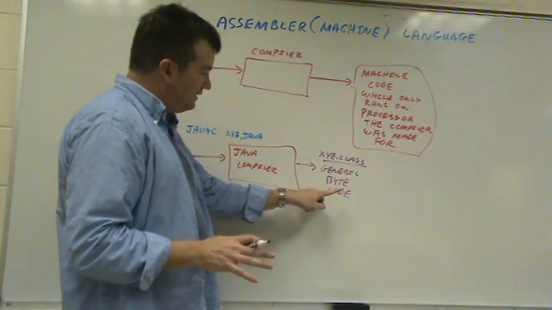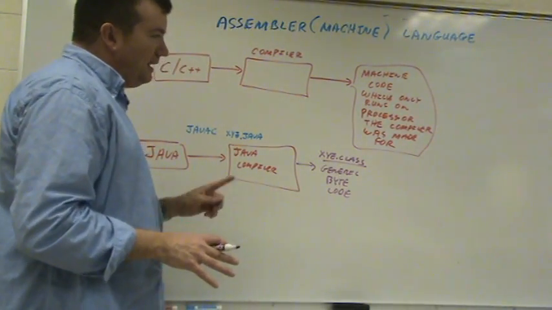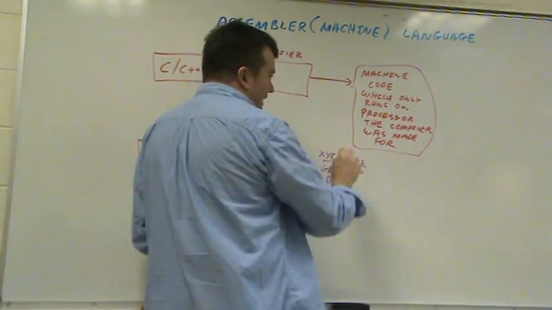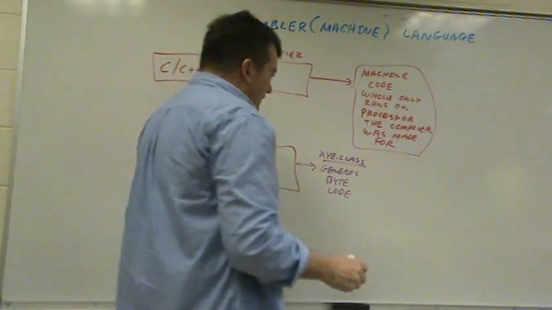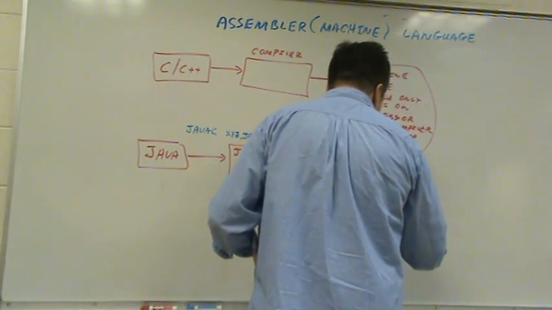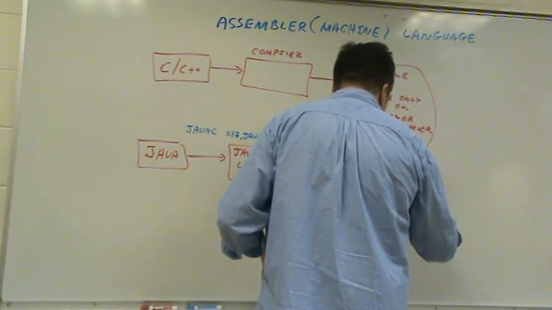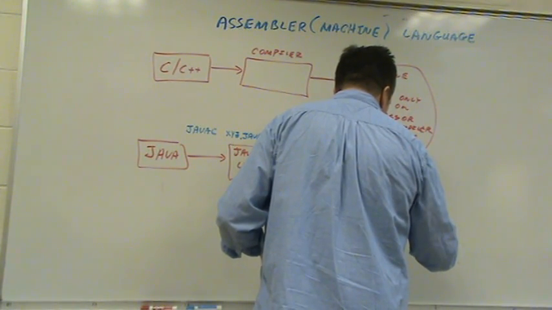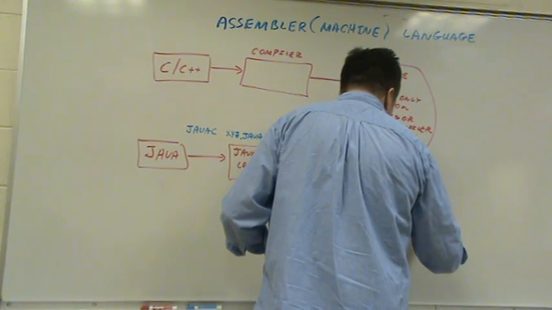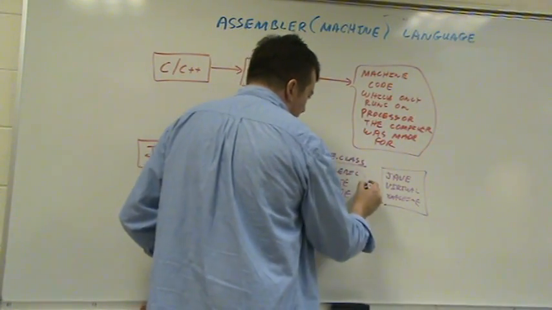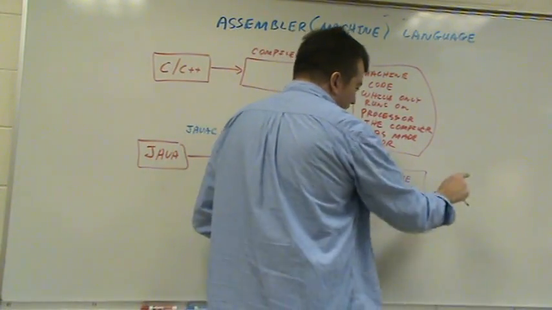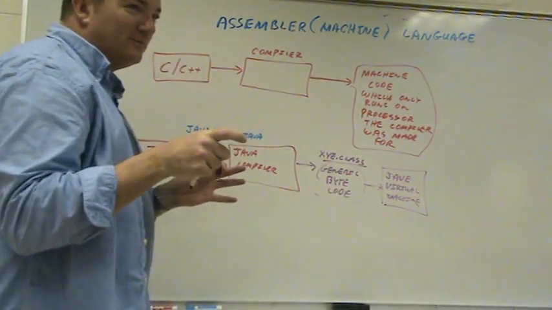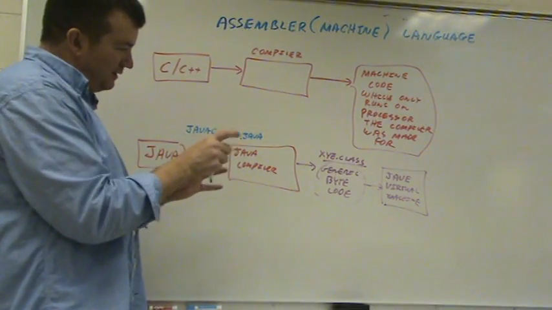When you run this on a particular machine, in the end it's going to run on that particular machine's hardware. But if that machine has a Java virtual machine, then the output of the compiler, which is acceptable on any machine, gets converted into something that particular machine's hardware can understand.